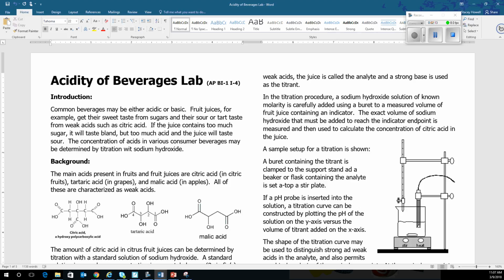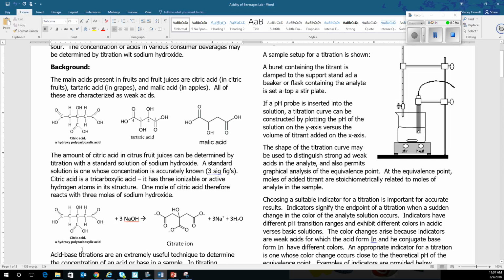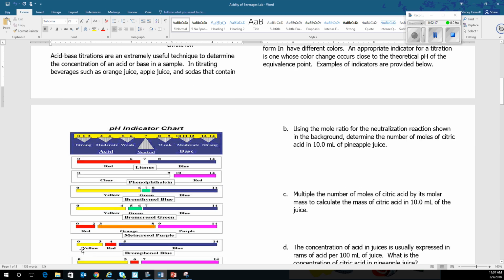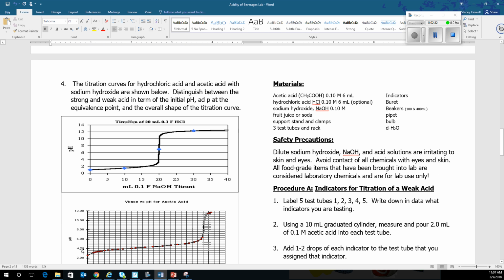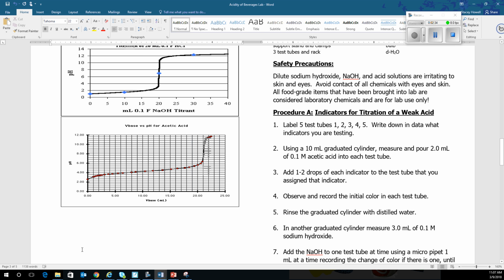Okay? So having said that, we're also going to do in this lab a part where we have test tubes full of acid. And I'll give you each a specific indicator to do. You've got pre-lab questions here. You've got your titration curve, what it should look like there.